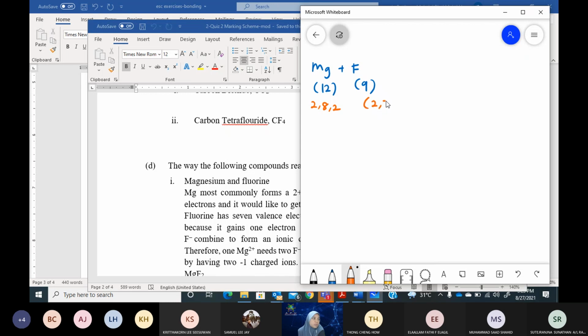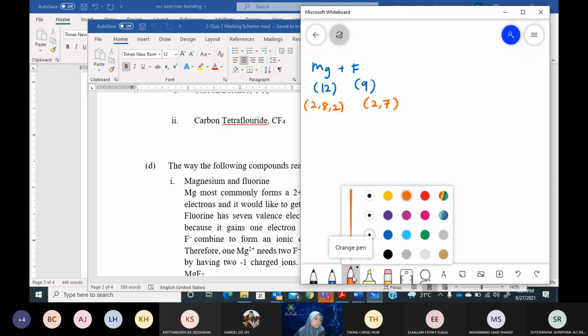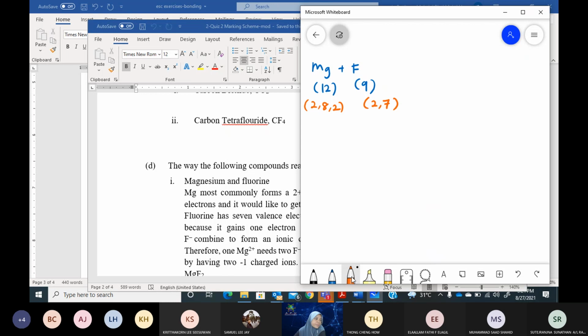From the 9, it becomes 2,7. Okay, separate like this first. Black color. Okay. So magnesium, 2,8,2.